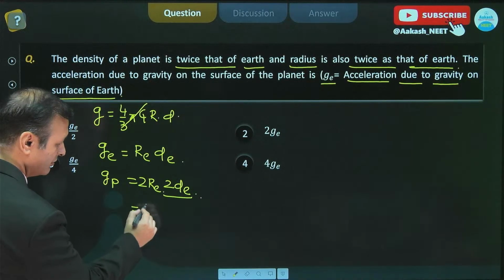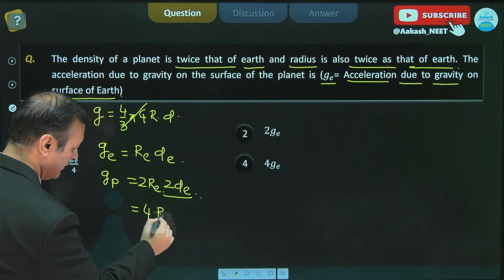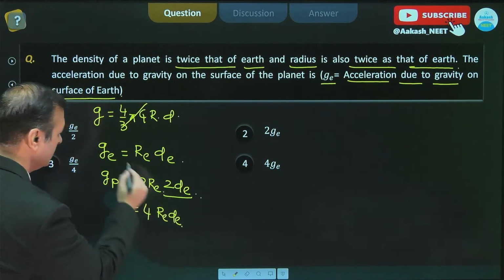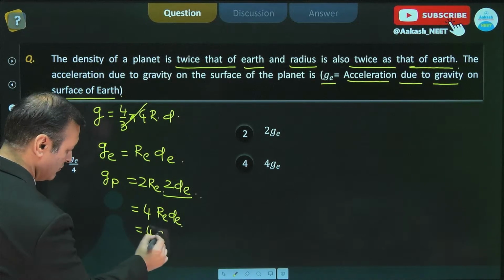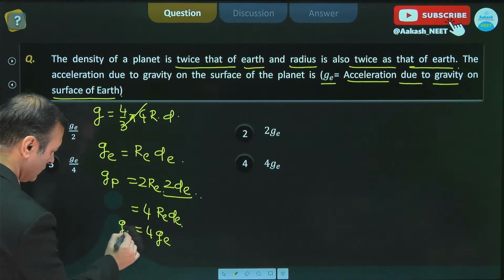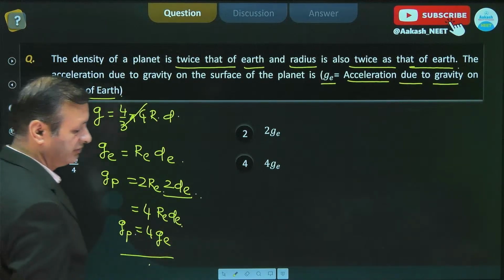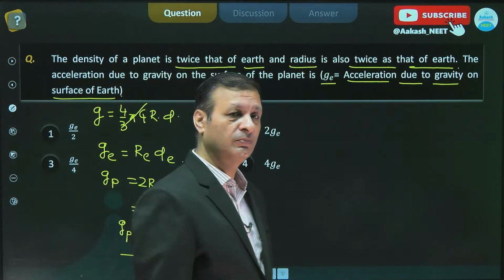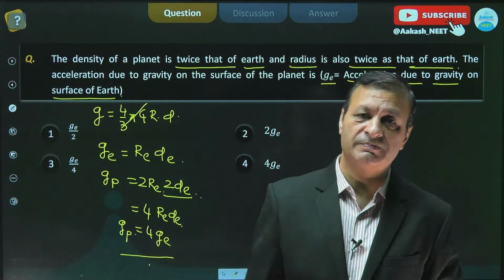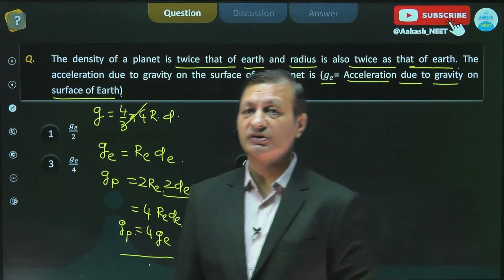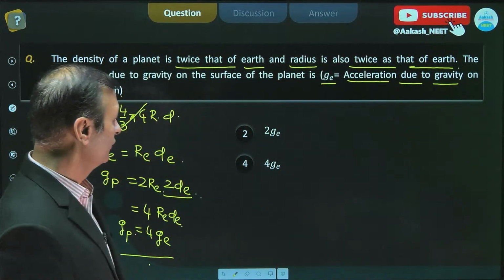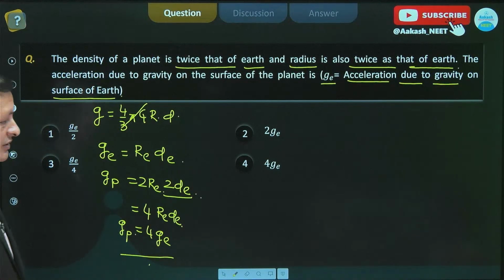So that means 4 times RE dE, which is G. So acceleration due to gravity on the surface of planet is 4 times acceleration due to gravity on the surface of Earth. So that means it is 4 times GE.